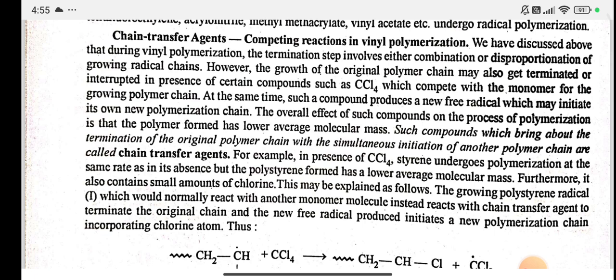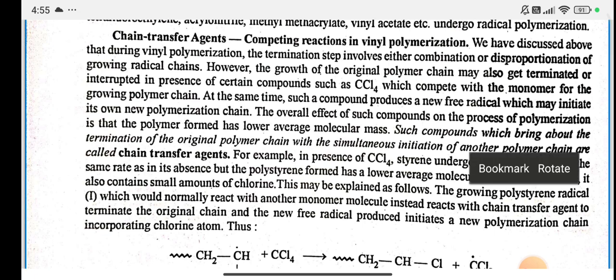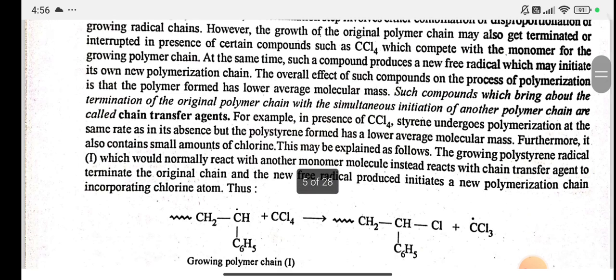We have discussed above that during vinyl polymerization, the termination step involves either combination or disproportionation of growing radical chains. However, the growth of the original polymer chain may also get terminated or interrupted in the presence of certain compounds such as CCl4, which compete with the monomer for the growing polymer chain.